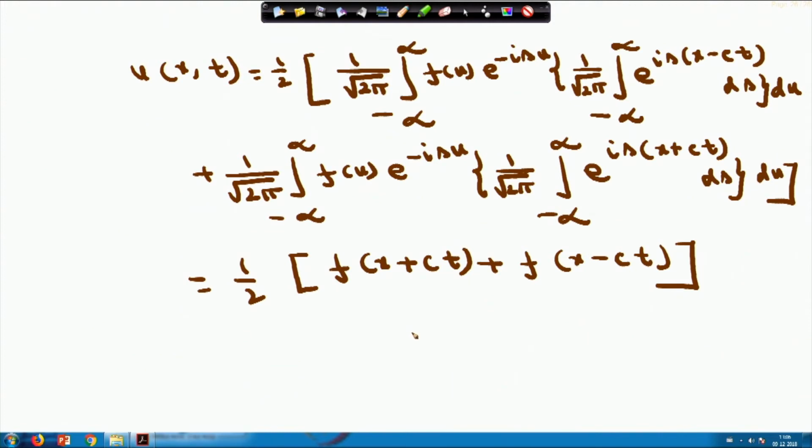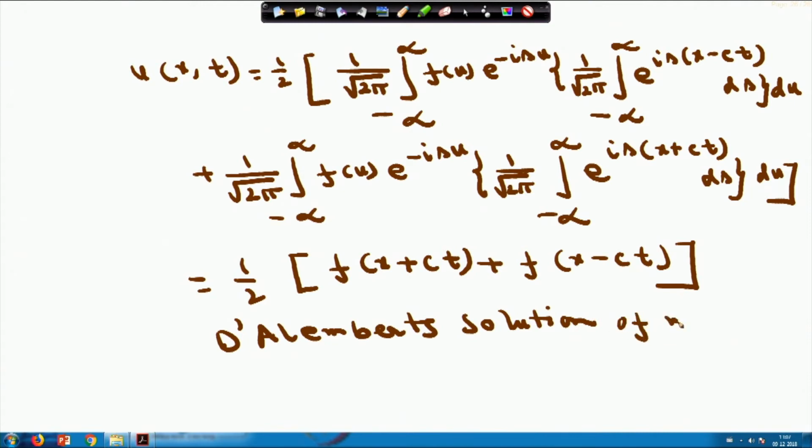So, once the function f x is known to me, I can tell the value of u x. This solution we call D'Alembert's solution of the wave equation, because the equation which we solved is the wave equation.